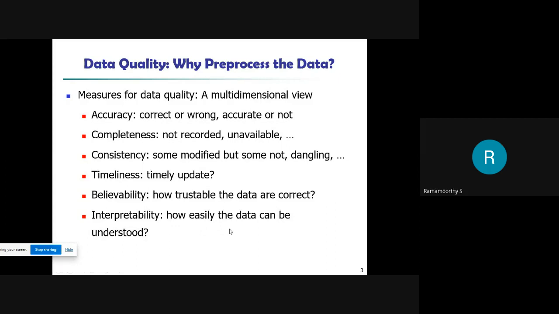Anyone who wants to verify the data should still be able to understand the different data which is part of that process. It should not be too complicated, and it should not be understandable only by specific people. In such a way you need to prepare the data before you apply any data mining algorithm. So all these measures are going to provide you quality data for the data mining algorithms.